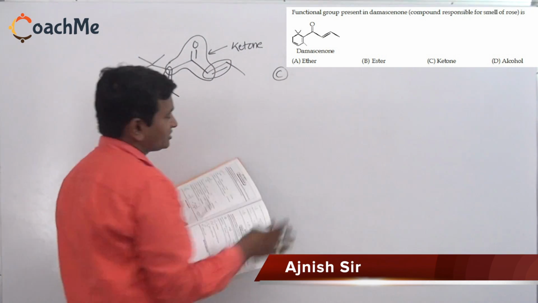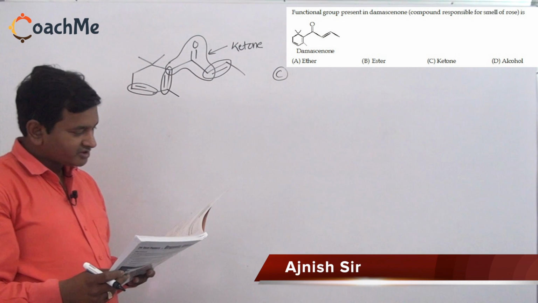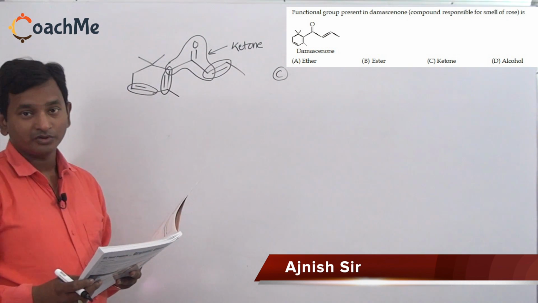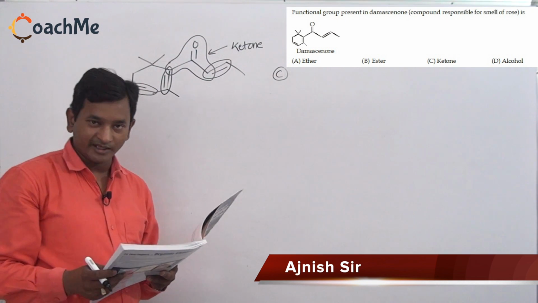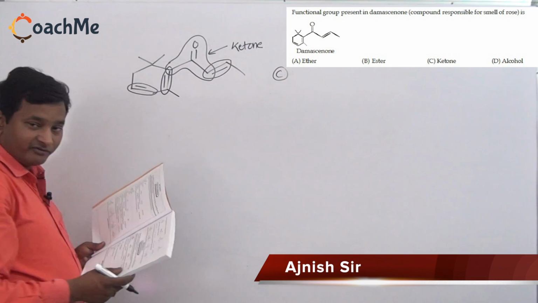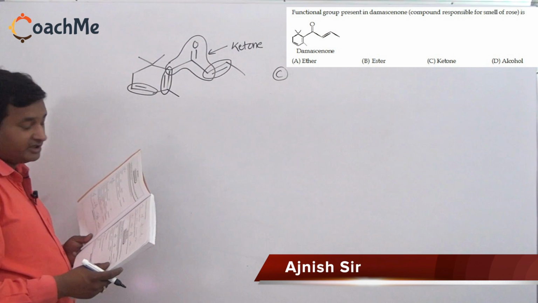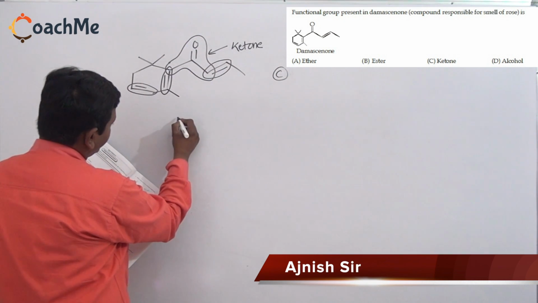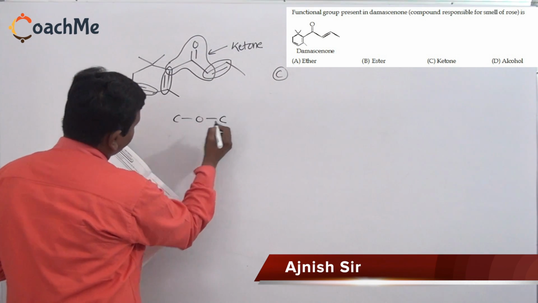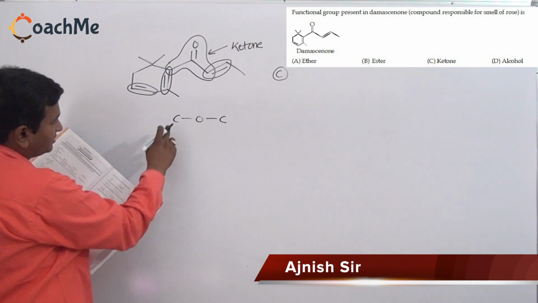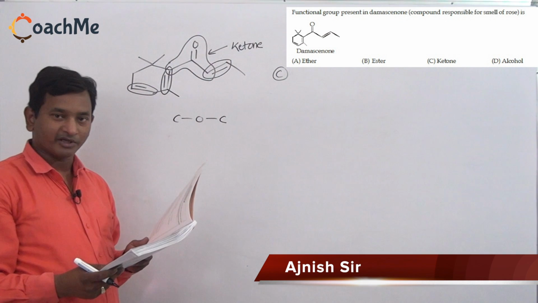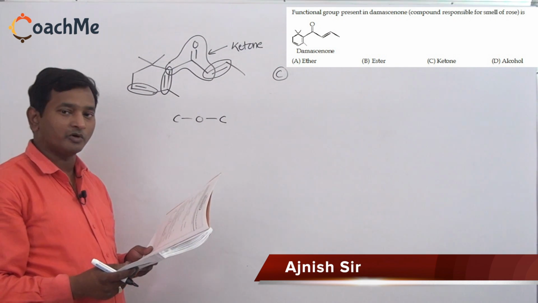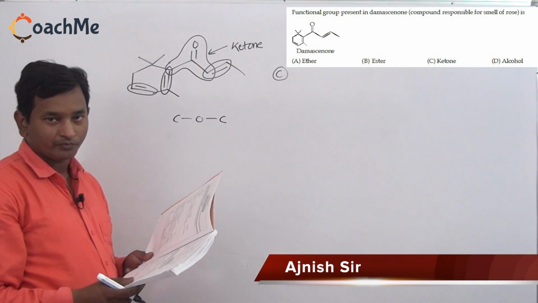From this question, you must also know about the attachment of ether, ester, and alcohol as well. Whenever you have to find the attachment in ether, always be careful, it will be C-O-C type. Here, the C will attach to a carbon-carbon single bond, carbon-carbon double bond, carbon-carbon triple bond, or an aromatic ring too.